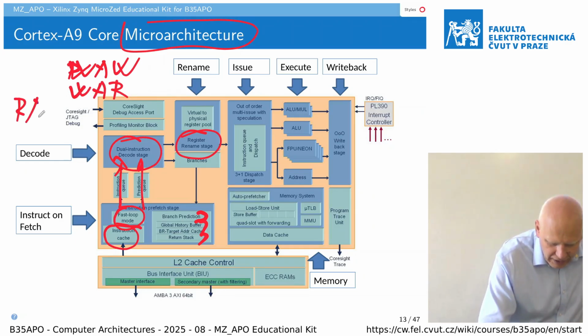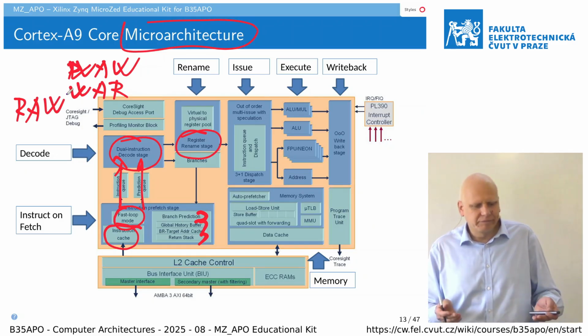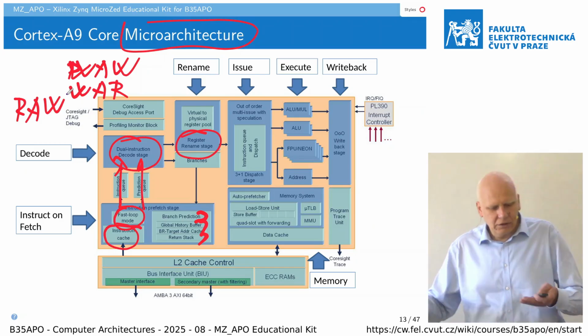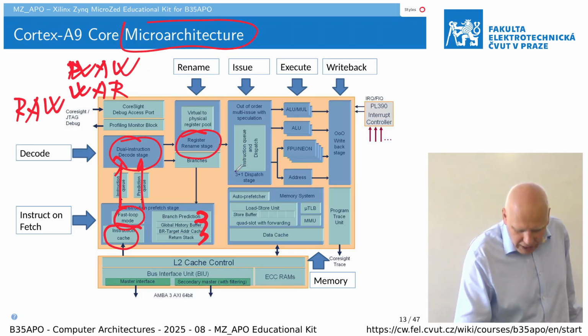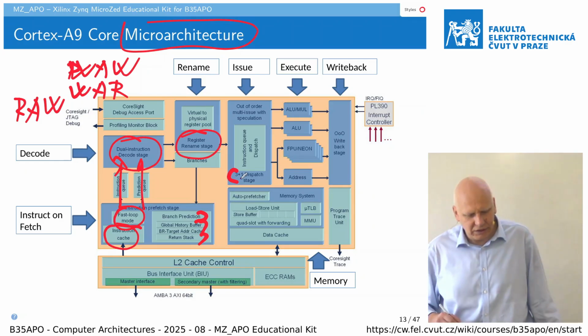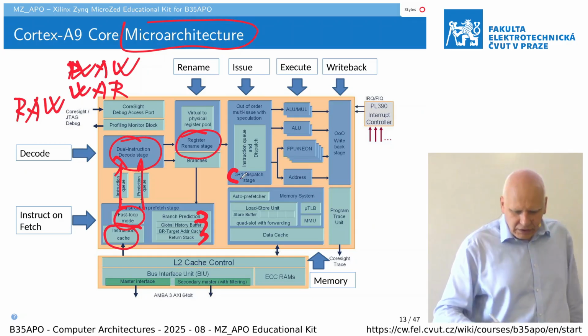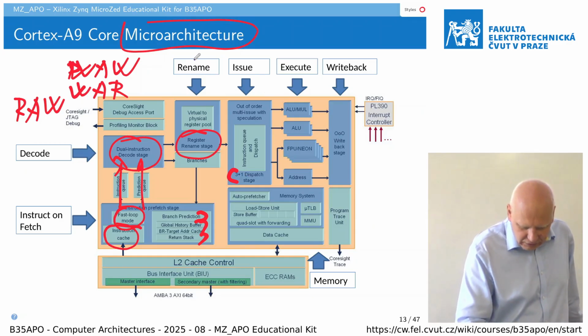Read after write has to be resolved by forwarding or stalling and so on. So we can decode the instructions, and up to 3+1 instructions can be dispatched in a single clock cycle. And this is the rename.